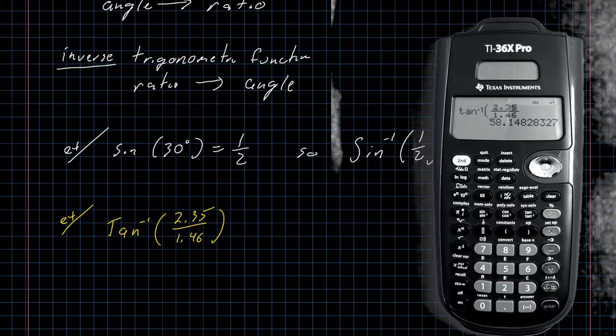All right. Now the numbers that I punched in here each had 3 significant digits. And if we think back, 3 significant digits is round to the nearest 10th. So I'll round this angle to 58.1 degrees.